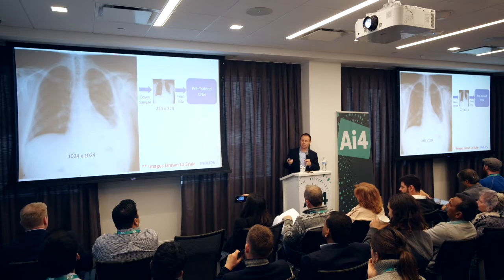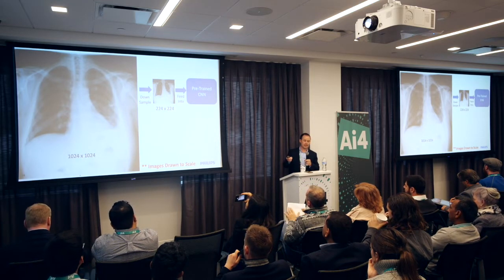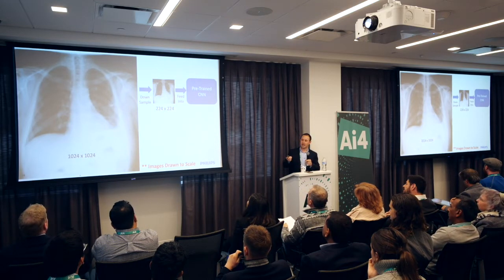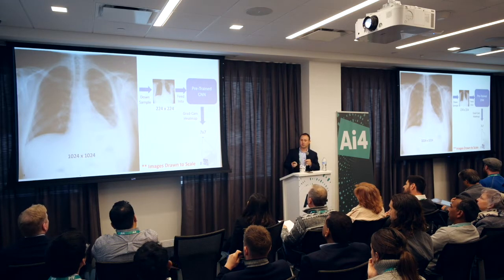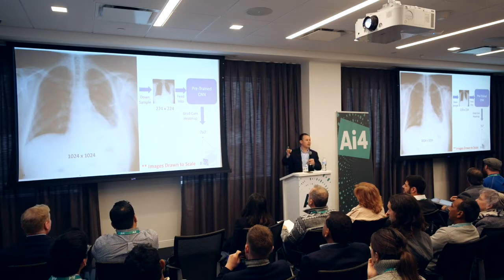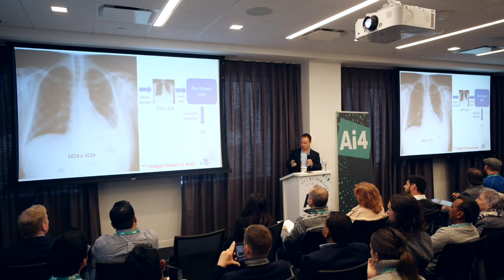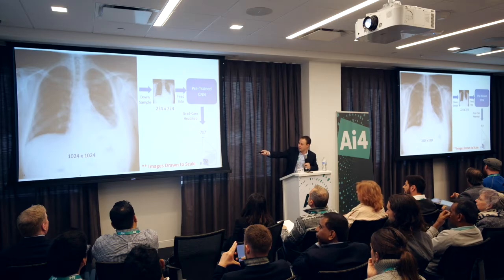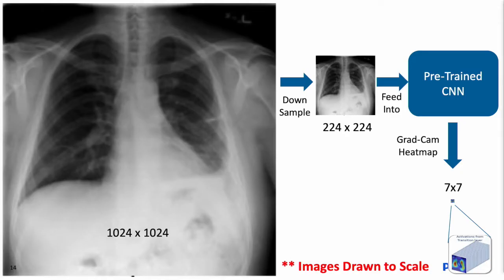The next thing they do, through the training of the CNN, is output a score for that image. Then they analyze the network weights of the very last layer of that network. Here, again drawn to scale, is a tiny 7 by 7 filter in this network, and this is the heat map that they're looking at.